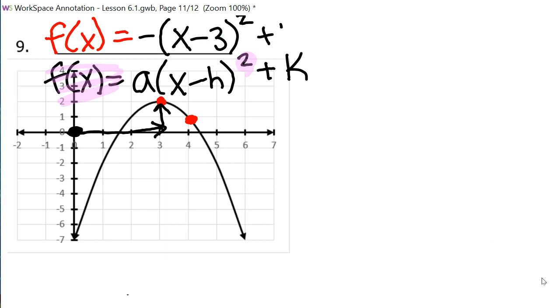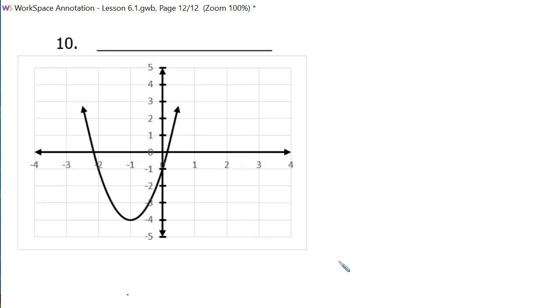I want you to write the equation for number 10. Here's the vertex, and here is a point so that you can see the a value.